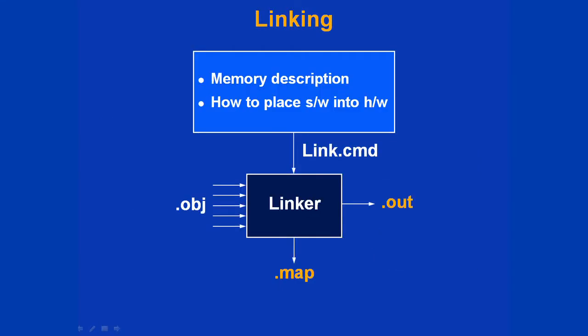The linker command file describes the physical hardware memory and specifies where the sections are placed in the memory. The file created during the link process is a .out file. This is the file that will be loaded into the microcontroller.